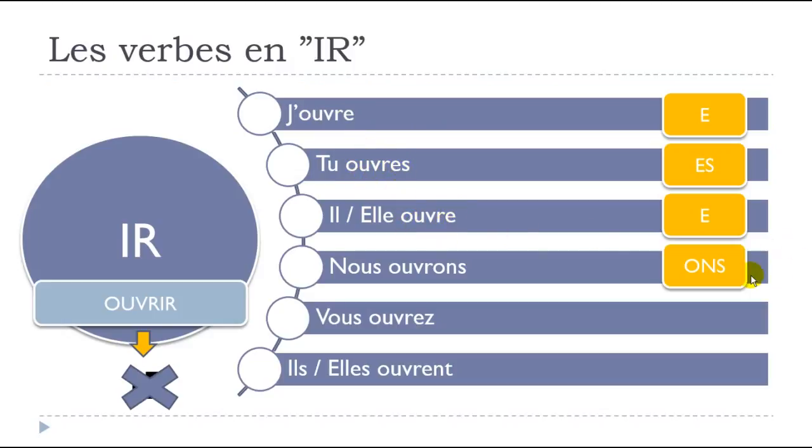Then for nous, the classic ending ons, nous ouvrons; for vous, the classic ending ez, vous ouvrez; for ils, elles, the classic ending ent, ils ouvrent, elles ouvrent. So it's actually not that difficult if you think about this little thing: you take this ER away and just add these endings.